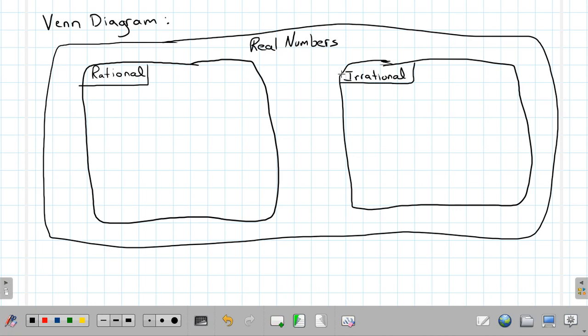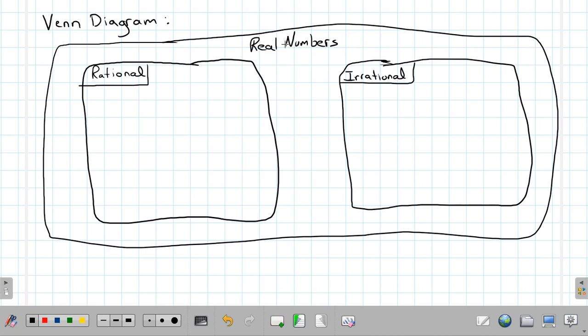Okay. Now, once again, if you know how Venn diagrams work, notice there's no overlap between the rational and the irrational, but all of the rational numbers are inside the real numbers. So that means every rational number is a real number. Same with the irrational numbers. Every irrational number is in the real numbers. So no matter what your number is here, whether it's rational or irrational, it's going to be a real number.